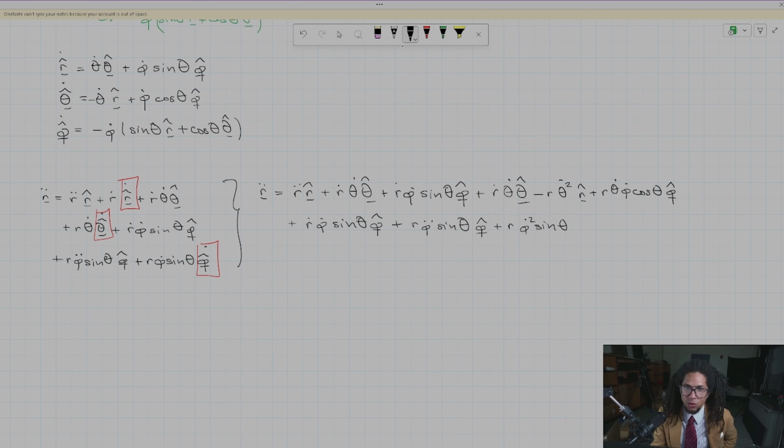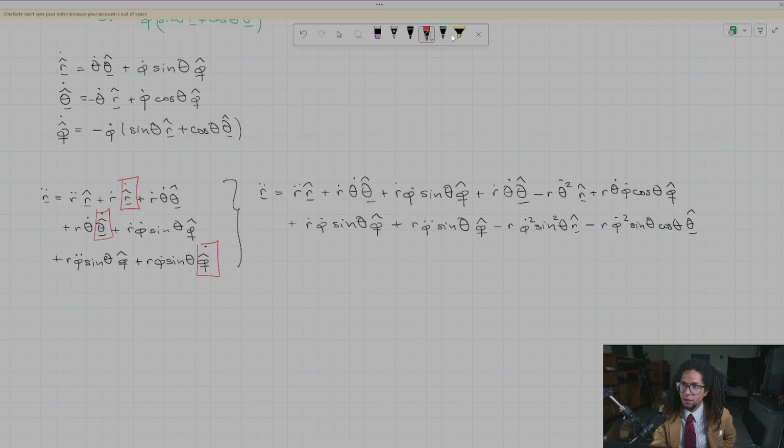And then there are two terms. The first one is minus a sine theta, so that's going to be sine squared theta in the r hat direction. And then the next one will also have a minus sign attached to it. That'll be r phi dot squared sine theta cos theta in the theta hat direction.